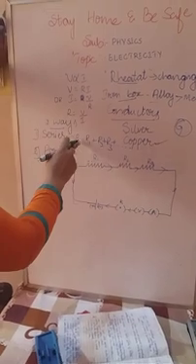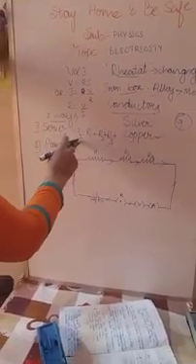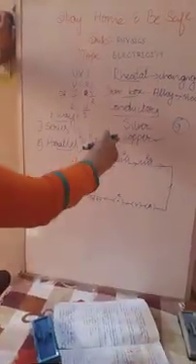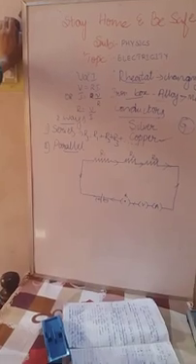Rs means the resistors are connected in series. R1 means resistor 1, R2 means resistor 2, R3 means resistor 3. If 4 are connected, it will go up to R4. If 5 are connected, up to R5. So this is the formula.